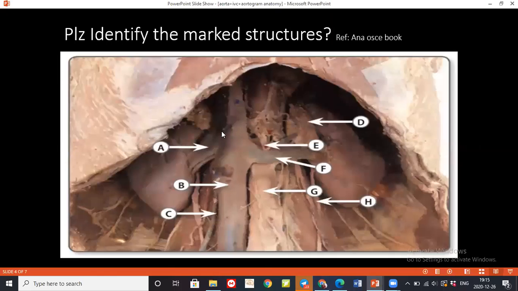Okay, can you identify all the structures from A to H, please? What is A? Yes, can you identify the structures anterior to the ureter?